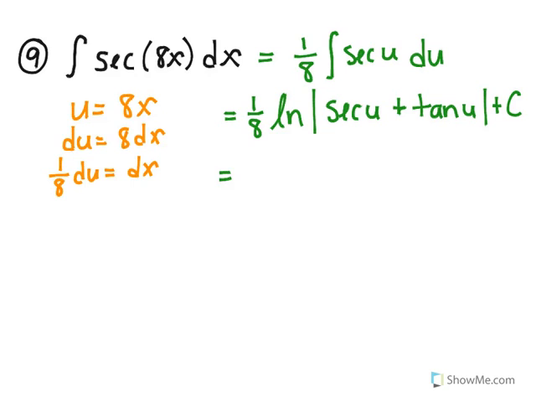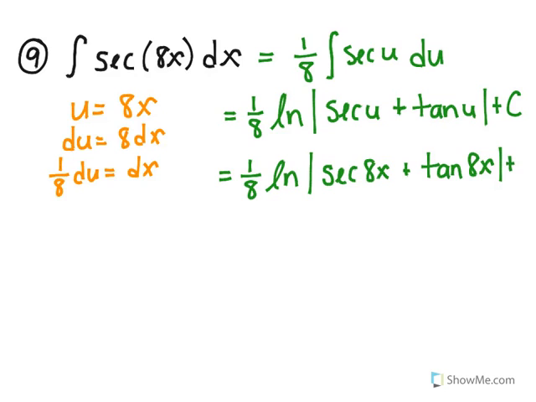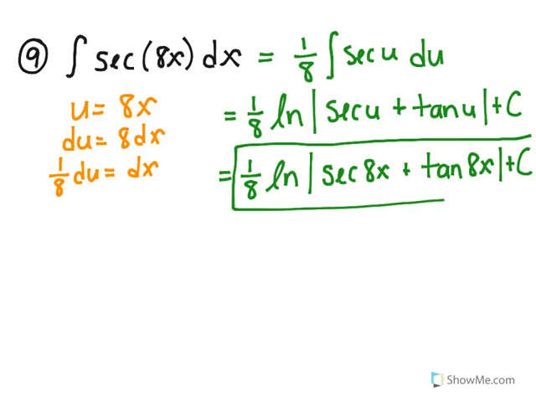So our final answer for this problem will be 1/8 natural log the absolute value of secant 8x plus tangent of 8x plus c. Okay. So it's very similar to some of the trig substitution problems we've done before. It's just now the antiderivative has a natural log involved.